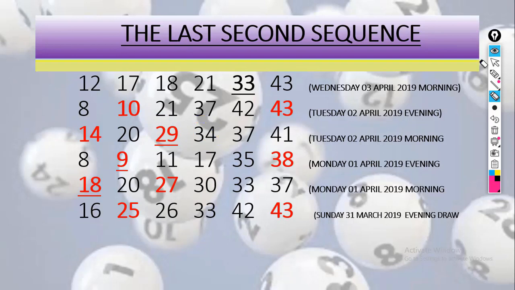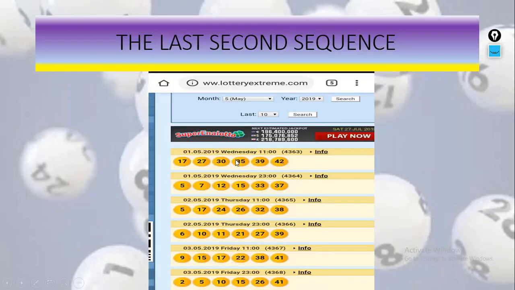Okay, let's jump to the date where this method was used again. So this method was used again after a month. As you can see, it was used on the 1st of May 2019, which was on Wednesday morning.